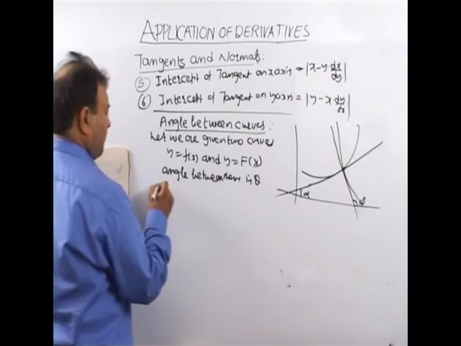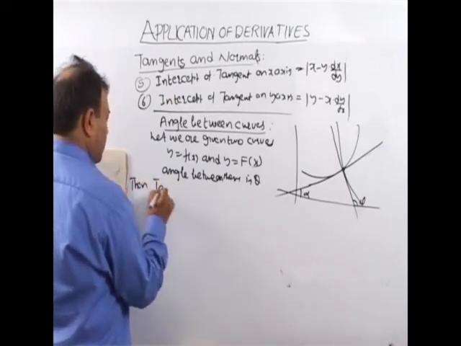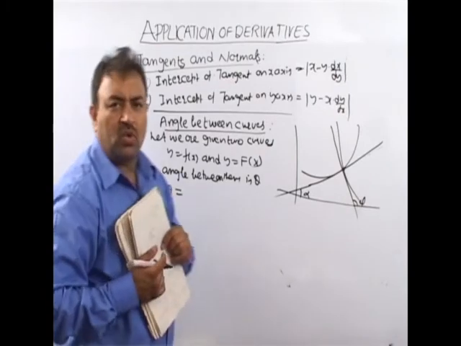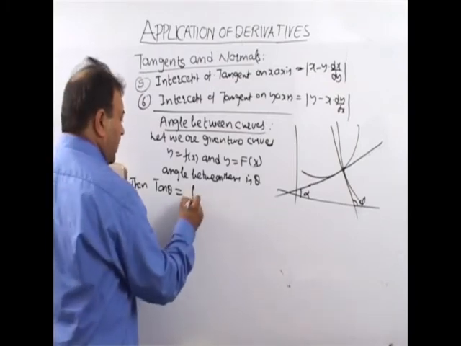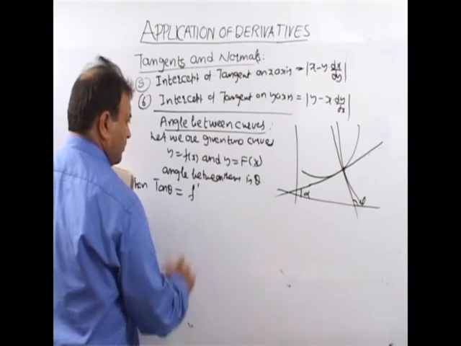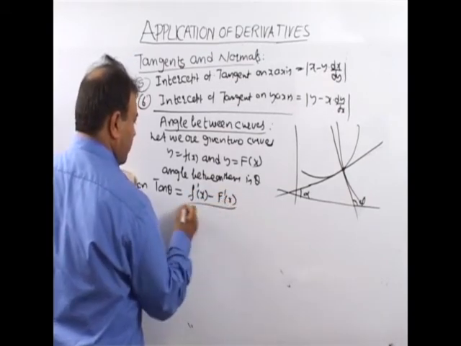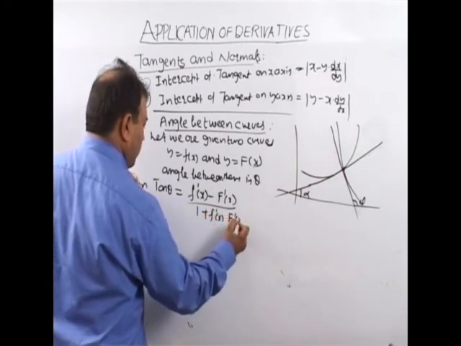Then tan theta is equal to f dash x minus g dash x, over 1 plus f dash x into g dash x.